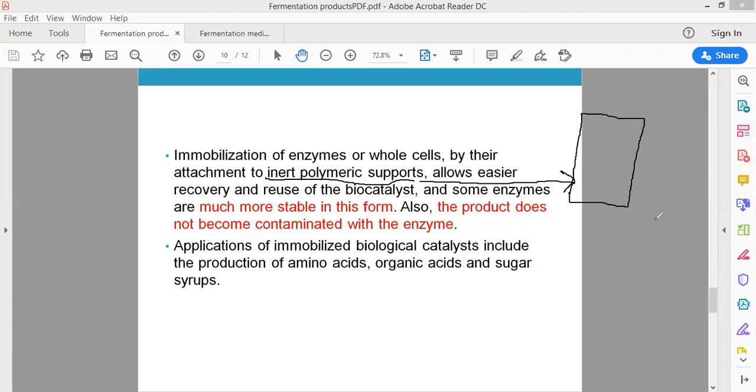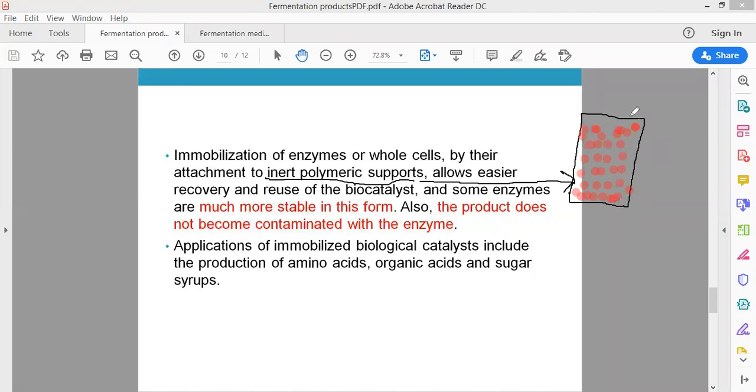So you have a surface, and what you're going to do is have the enzyme system adsorbed on that surface, right? So you have this system which is completely coated with the enzyme. And you're going to insert this support system inside the vessel or tank in which fermentation is going on, or in which you want to produce the enzyme, right?